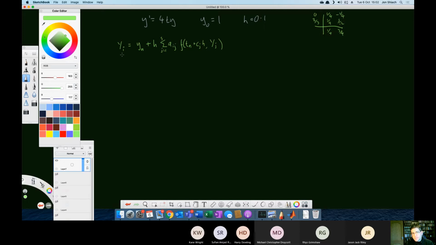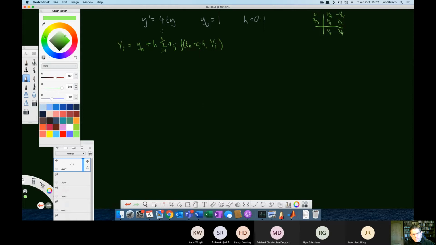This is similar to what we did when we looked at stability. Usually with a Runge-Kutta method, our stage values are k1, k2, etc. But for implicit methods, it's useful to rewrite them in this form. If you're not sure where this comes from, check out either the video lecture or the notes.